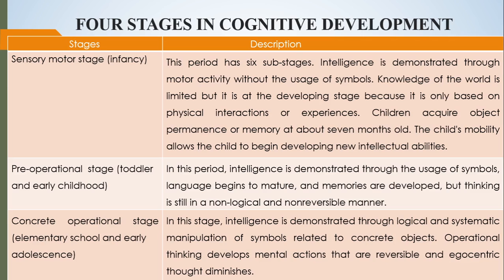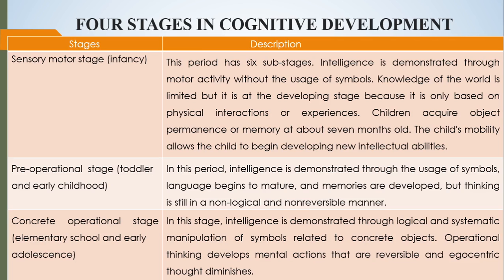Let's look at 4 stages in cognitive development: sensory motor stage, pre-operational stage (toddler and early childhood), and concrete operational stage (elementary school and early adolescence). Description, sensory motor: this period has 6 sub-stages.